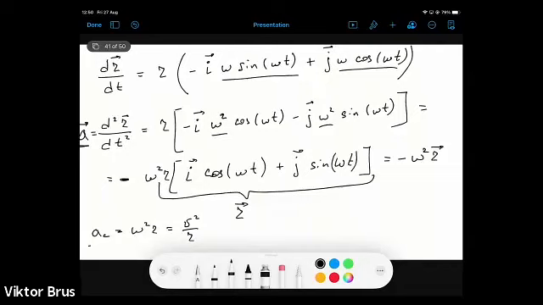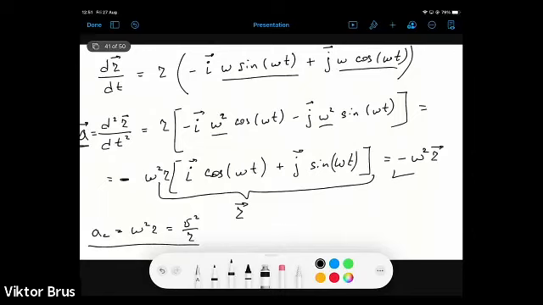But previously, we didn't know exactly where it is pointed. Is it pointed towards the center of the trajectory, in the opposite direction to the position vector, or in the same direction as the position vector from the center?